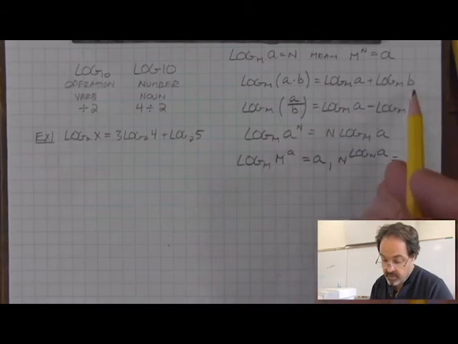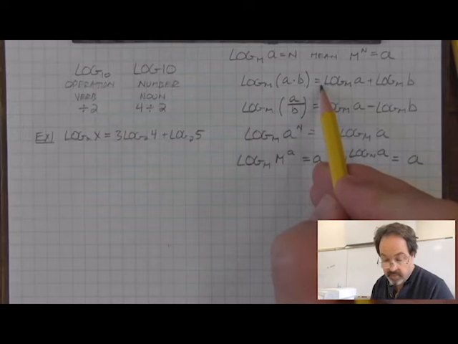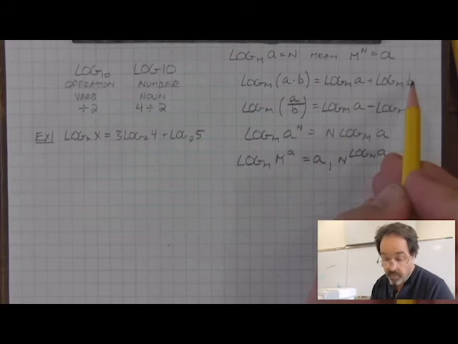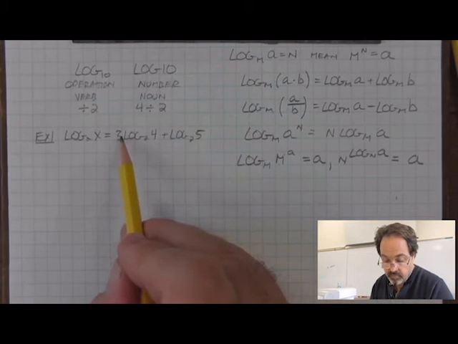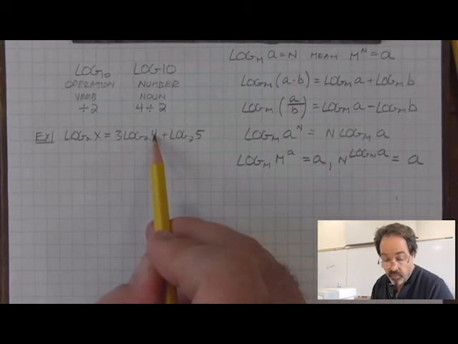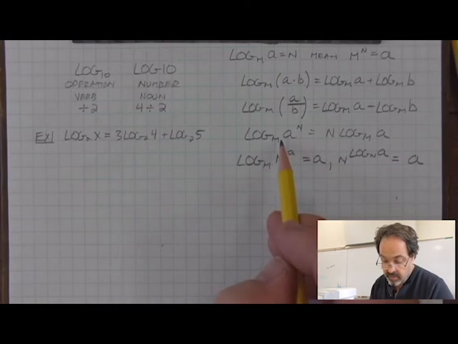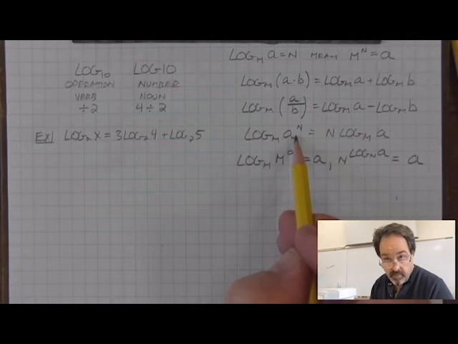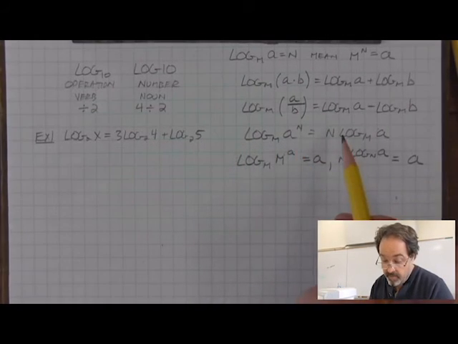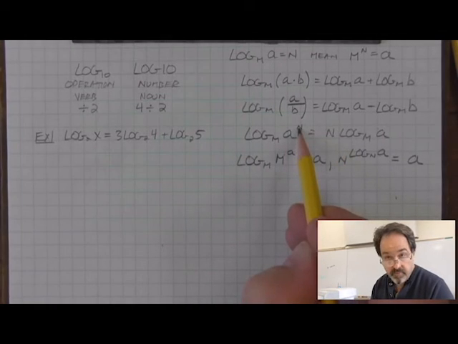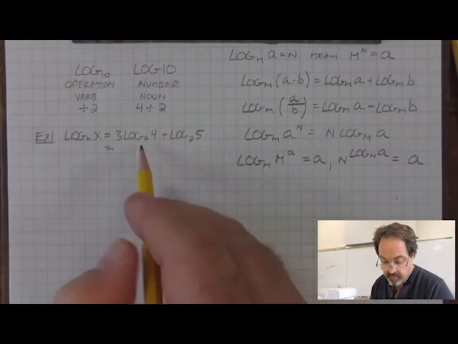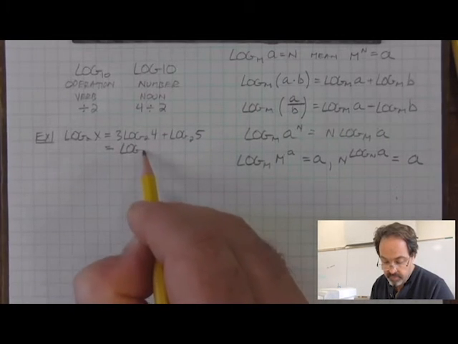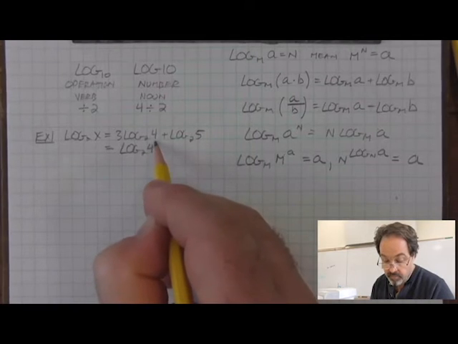In the pattern, there's nothing that we're multiplying by here, so we can't use this property yet. I can think of this log term, 3 times the log base 2 of 4, as a log of a power, moving the 3 that's out in front into the power position. I can rewrite 3 log base 2 of 4 as log base 2 of 4 to the third.